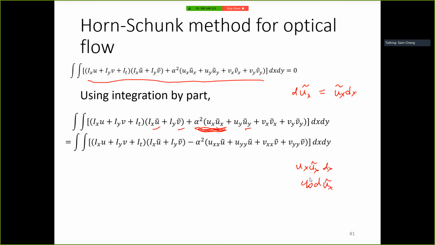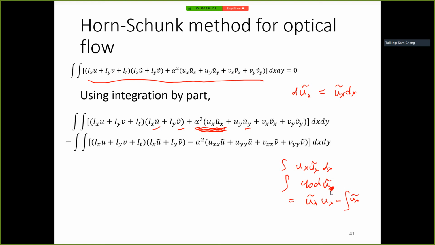If you remember integration by parts, if I have some integral here, it is equal to the product minus the other integral.